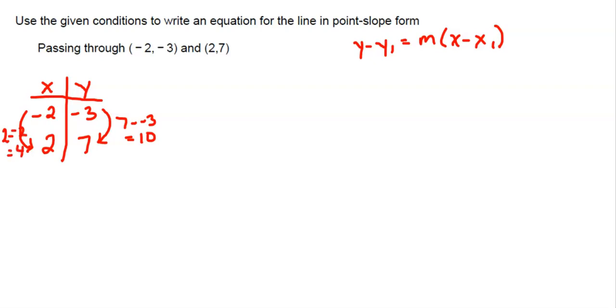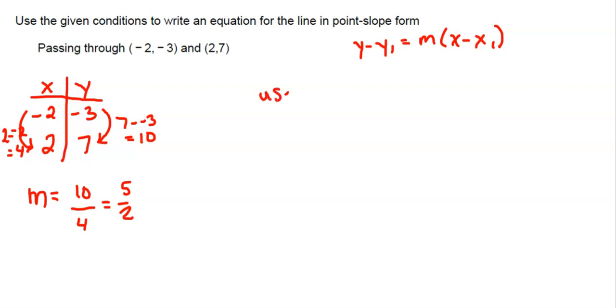So our slope is the change in the y's, which was 10, over the change in the x's, which is 4, and we'll go ahead and simplify that to 5/2. To write the equation, we can use either point along with our slope.